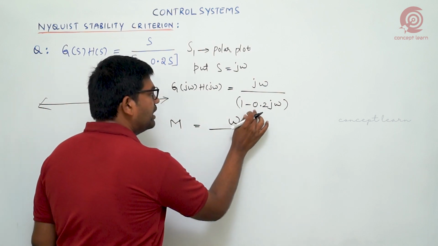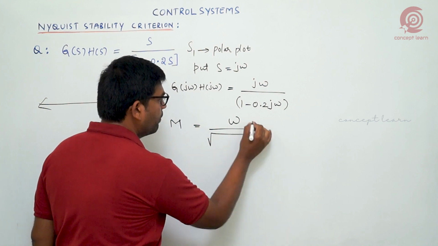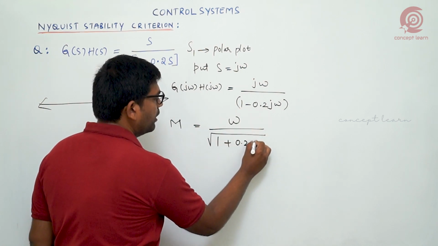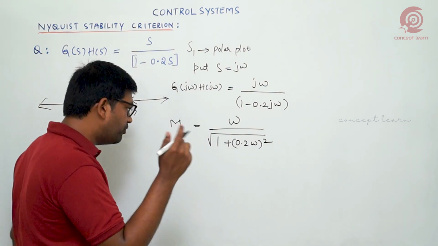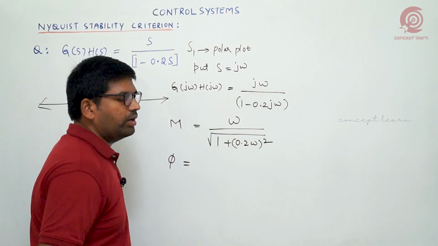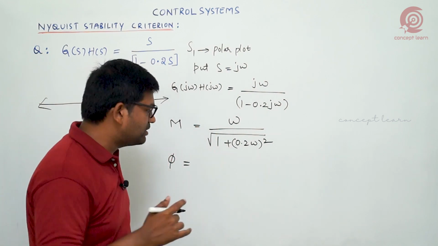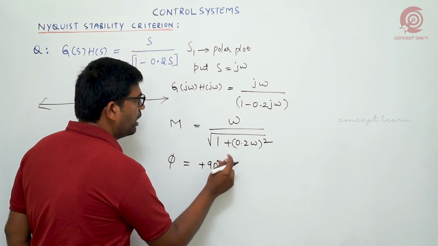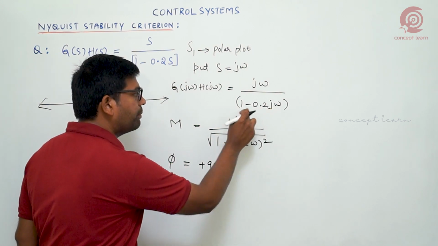But for the denominator, both real and imaginary parts are present, so it is square root of 1 plus 0.2 omega whole square. This is the magnitude. When it comes to the phase angle, J introduces a 90 degree shift. It is in the numerator, so it gives plus 90, and then minus tan inverse 0.2 omega by 1.